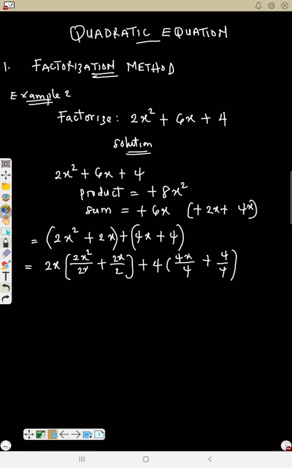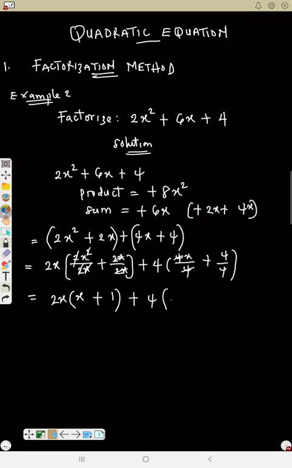Now 2x is common. Yeah, you see now. So since I said 2x is common, I will divide this 2 by 2x. Don't forget. So now this will be 2x. Now 2 will cancel out, then x will go, it remains x, plus 2x will cancel out 1, then plus 4.